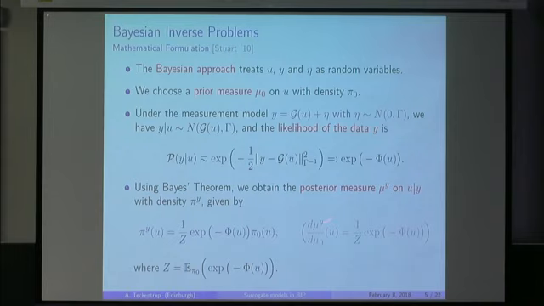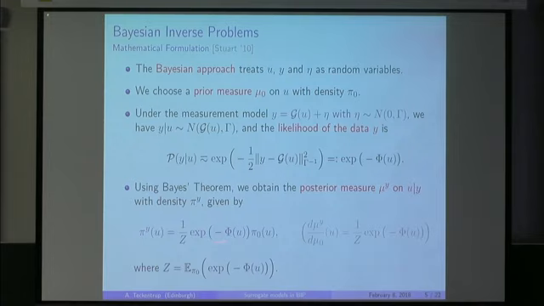I'm going to denote it by mu superscript y. Then I'm going to assume that it has a PDF, which I'm going to denote by pi y, and by Bayes' theorem, it's given by this. So the probability of u given y is the probability of u, times the probability of y given u, and then a normalizing constant. So we have the posterior here, the prior, and then our likelihood.